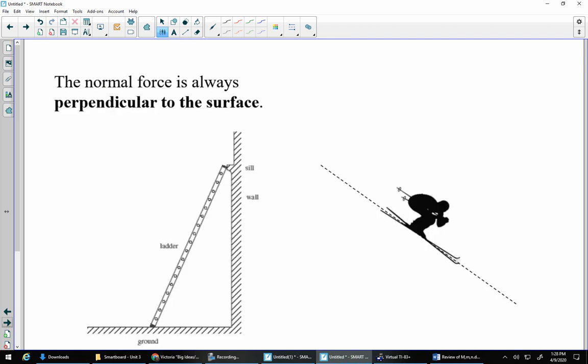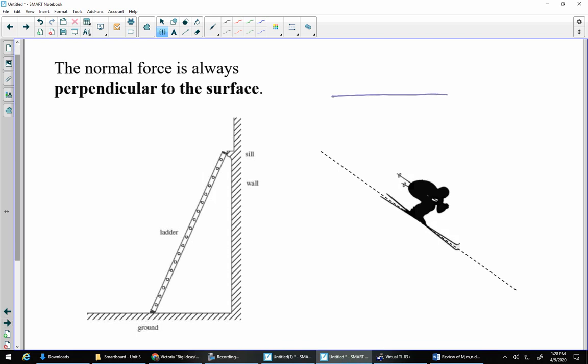The other thing that we look at is normal force is always, always, always perpendicular to the surface. So if it's me, and I'm standing on the surface like this, I'm a circle all of a sudden, my normal force is at 90 degrees to the surface. What about the skier over here on the left-hand side? So this skier, the normal force, 90 degrees to the surface, is at a bit of an angle like that, right? So there's a big 90 degree there. The ladder, right? It's got two different normal forces. It's got one at the bottom of the ladder.